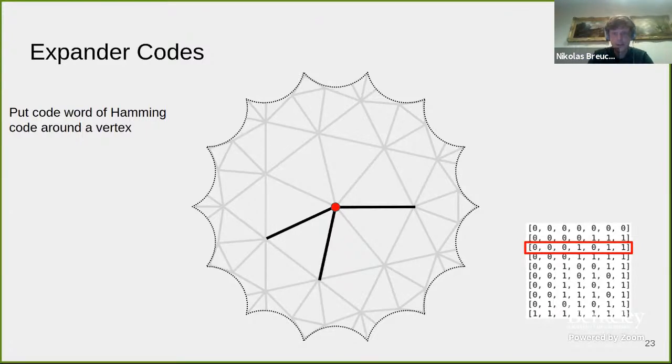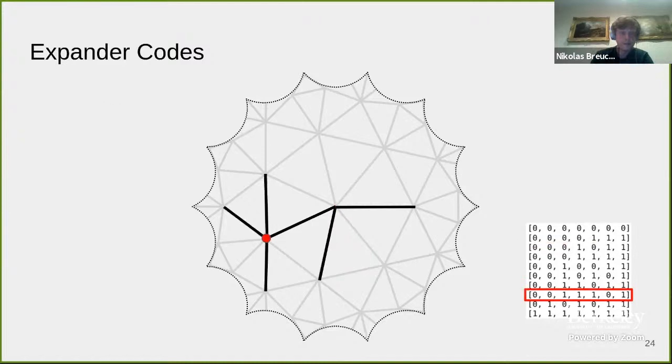So I'll just take this highlighted code word in the lower right-hand corner around this vertex. And now you see that since the Hamming code is a distance 3 code, the vertices at the other endpoints cannot be satisfied. So there are certainly checks which pick up on this.